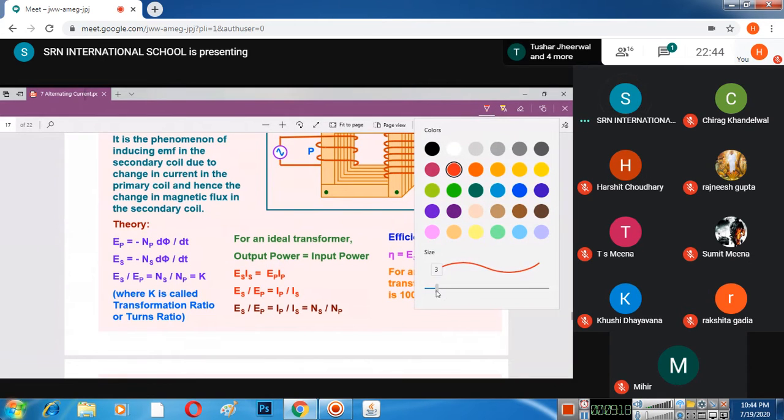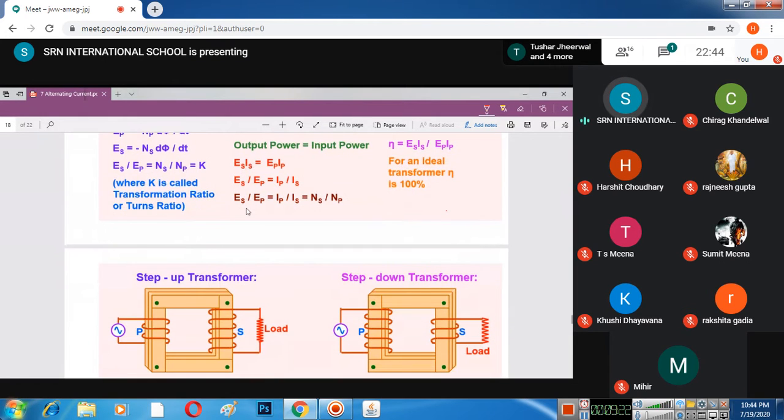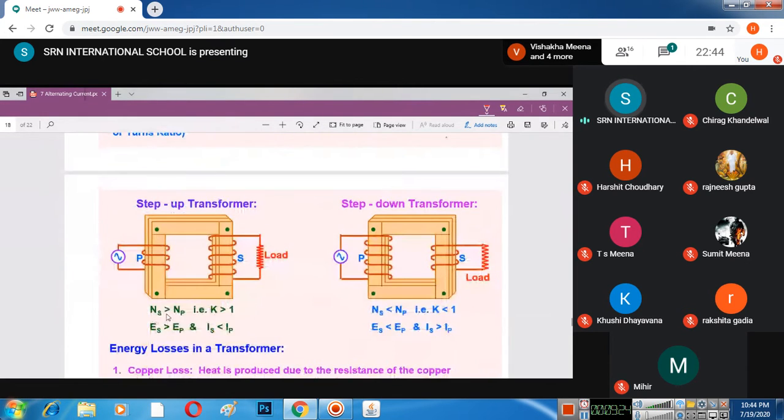Okay, now this is about step up transformer. The number of turns in secondary are more as compared to the primary. Step down transformer, as its name suggests, is decreasing the potential. The number of turns in the primary are more as compared to the secondary, because we want to decrease the potential.